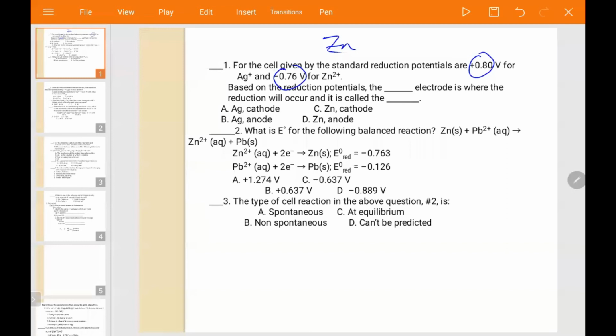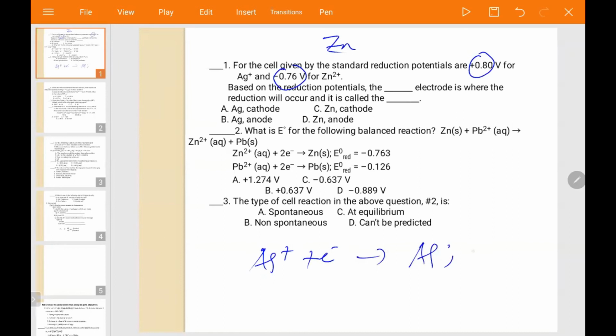So negative 0.76 is for zinc, and 0.8 is for Ag+. Reduction potential means Ag+ gains one electron and is converted to Ag.